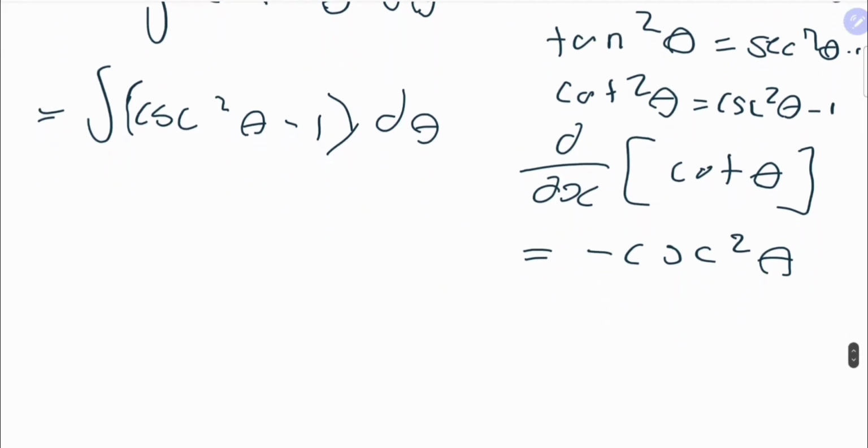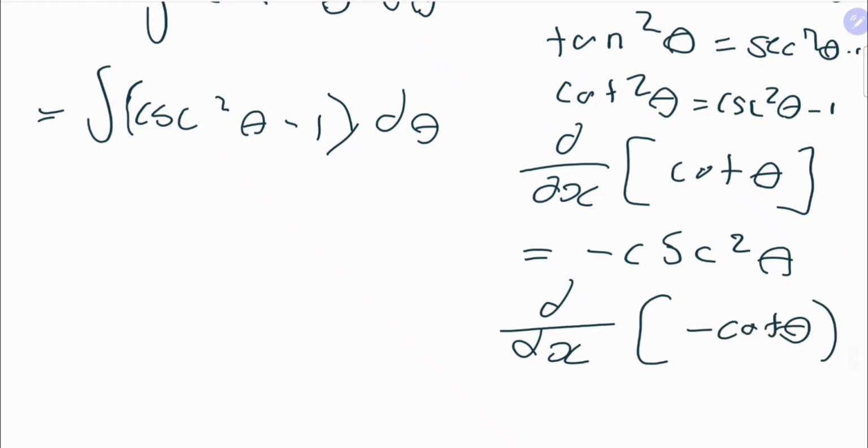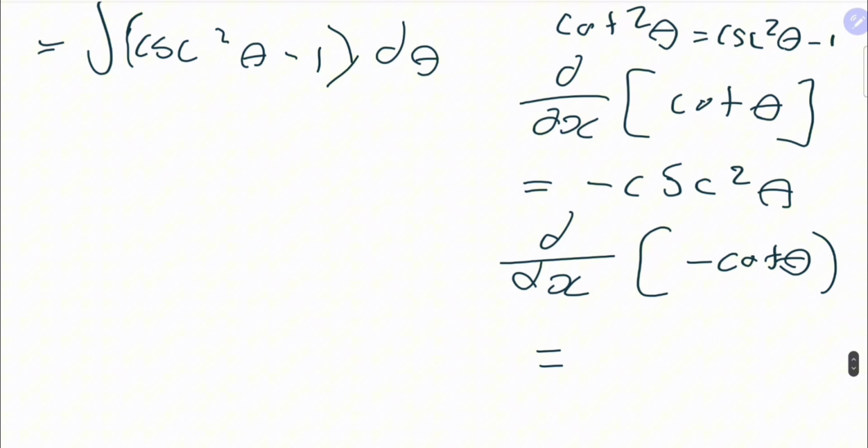So that means that the derivative of negative cotangent theta is equal to positive cosecant squared theta, okay?